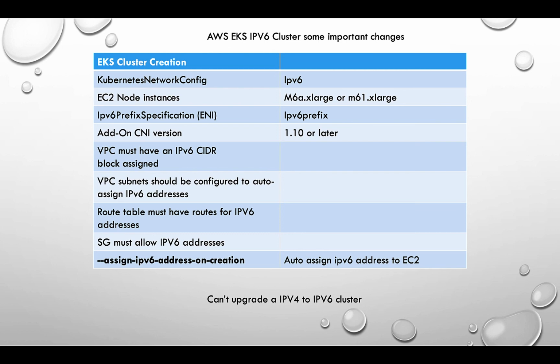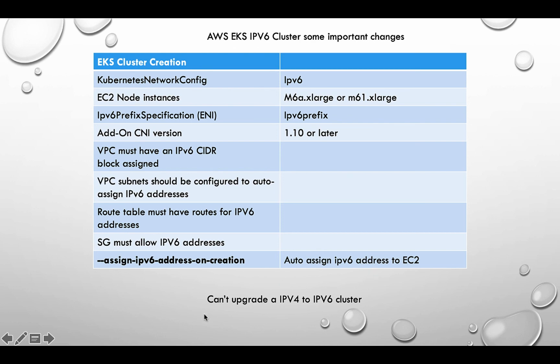Some other things you need: the routing table should have routes so that IPv6 can be communicated, and the security groups for your cluster should also allow IPv6 addresses, because the networking between the control plane and the worker nodes is through security groups. The last thing is the assign IPv6 address on creation feature on the EC2, which has to be modified so that it is enabled.